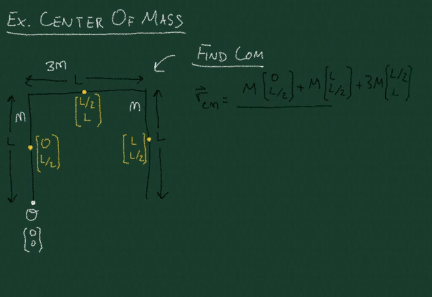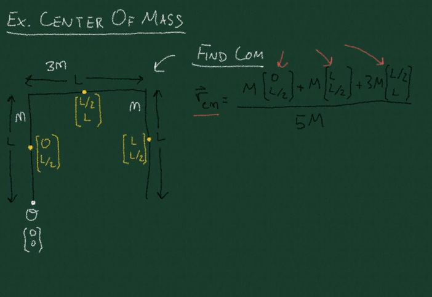Then we divide all of that by the total mass. Notice that each of these centers of mass is a vector. You're not finding the magnitude of the vector, it's the components of the vector that this formula holds for.